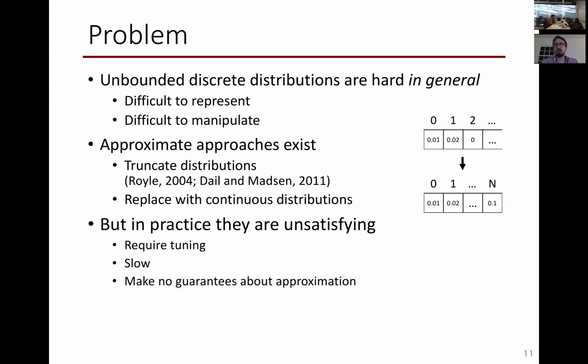To me, the larger problem with these approximate solutions is that they're not really particularly well formulated, or I shouldn't say that. That's too harsh. They don't make any formal guarantees about the degree of approximation between the true distribution that's unbounded and the truncated distribution that you're using.